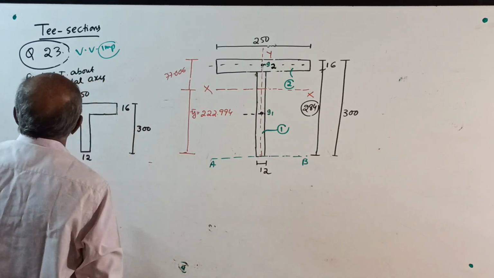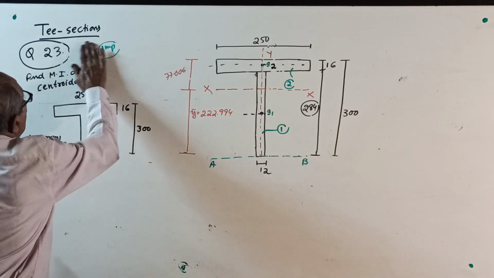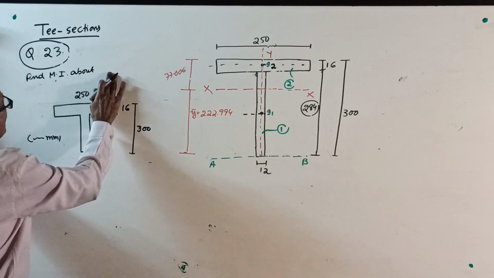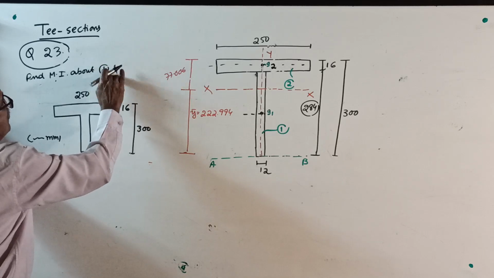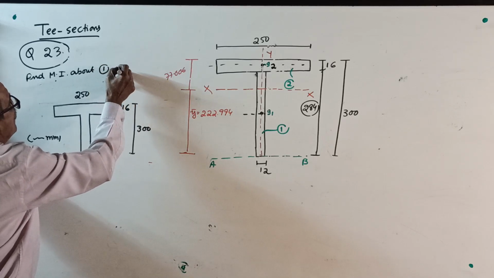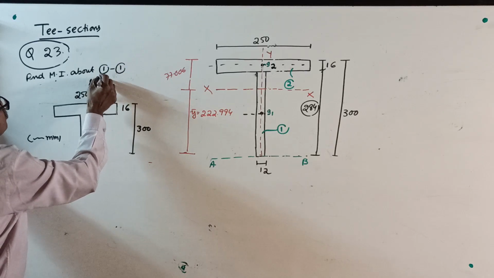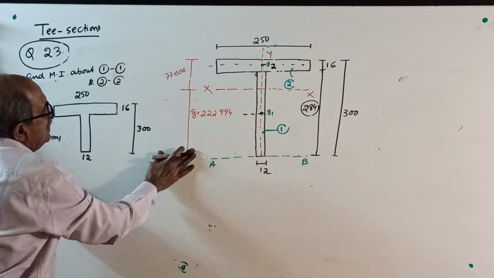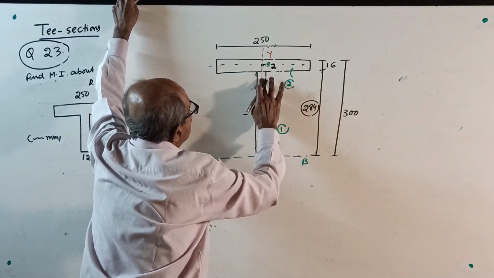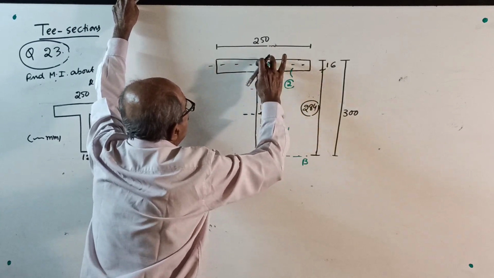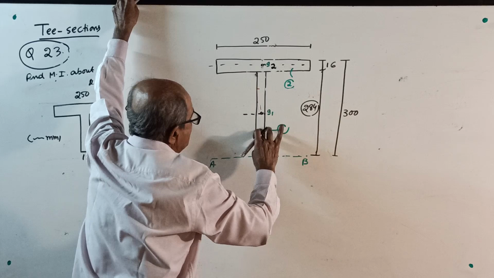For the given T section, find the moment of inertia about some 1-1 and 2-2. Now they will tell in the question where is 1-1, where is 2-2. This way you cannot do it. Actually remember, you have to write the sketch once again.